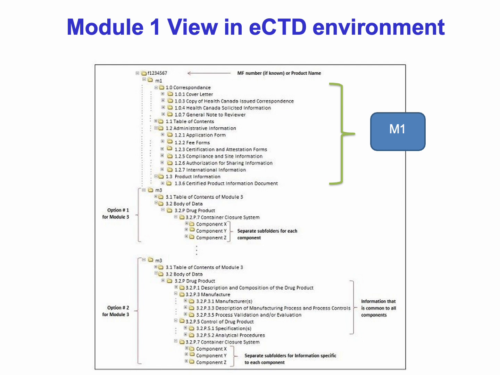Now, if you would like to look into how you prepare the same module in other countries, you will have to go to the website of the regulatory authorities for that specific country. So you cannot use the module 1 structure in Canada for FDA, nor for Japan, nor for Europe, nor for any other country. Each country has its own requirements for module 1.